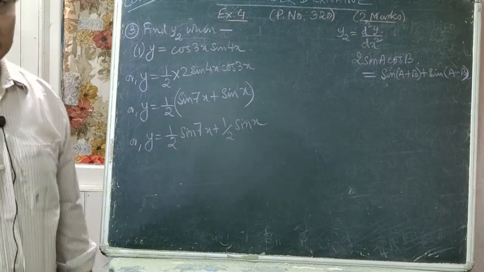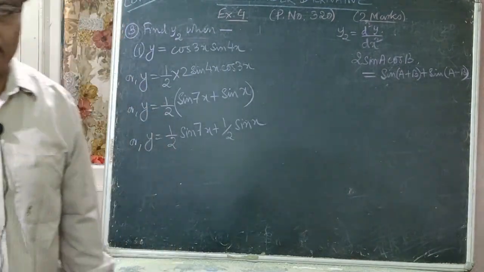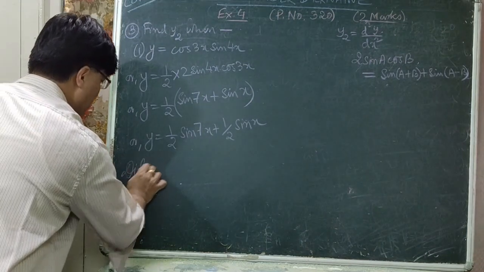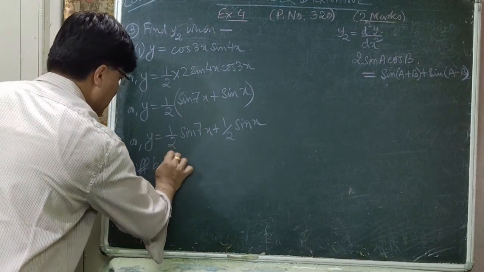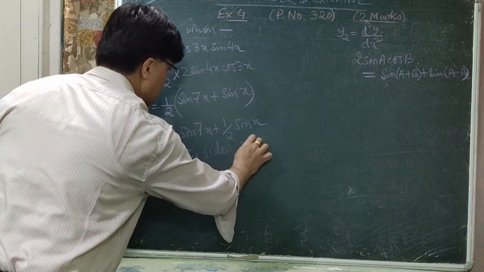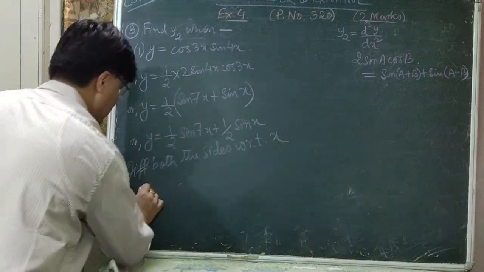Now you can easily find d2y by dx square. First find dy by dx, so differentiating both the sides with respect to x.